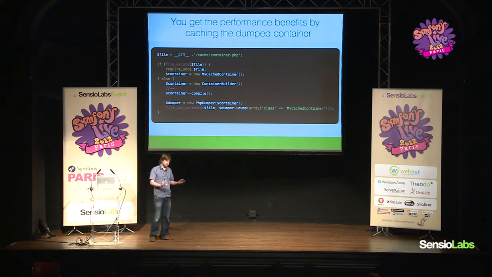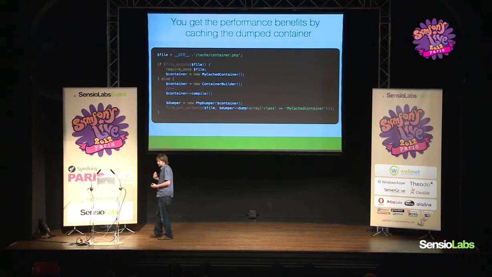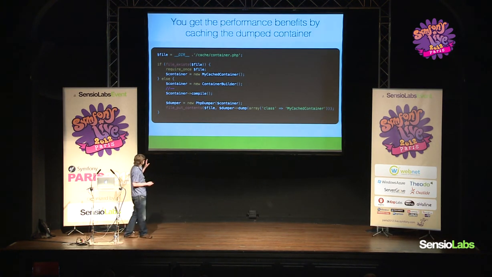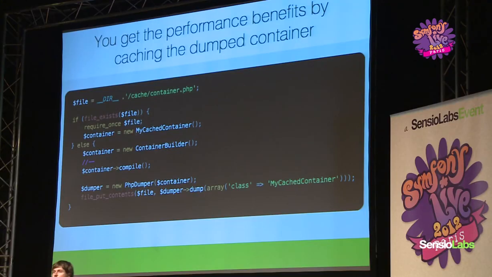There's no XML or anything involved anymore. It's all just done with quick method calls. And so if we do that, we can then cache that file, and when it exists, brilliant, use it. If it already exists, use it. If not, we'll compile the container. And then for most requests, we're no longer doing all this compilation. We're just using the cached version.